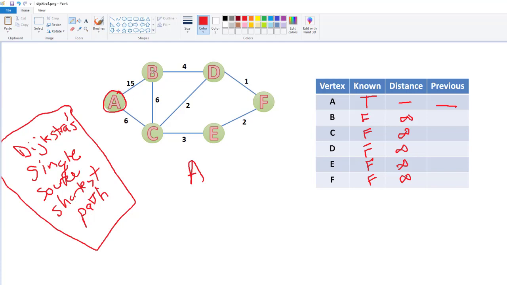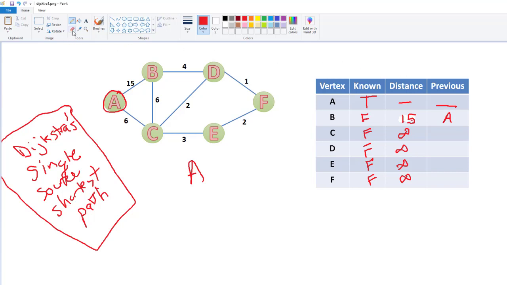And since these are directly connected to the single source A, I can confidently say that the infinity I have here is definitely larger than the 15 that I have there. So I'm going to get rid of the infinity there, and I'm going to put a 15. So there's a 15 there now, and that's if I come directly from A.